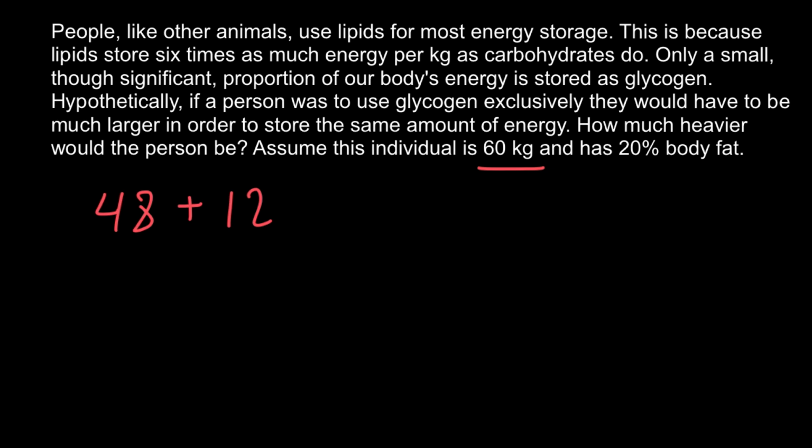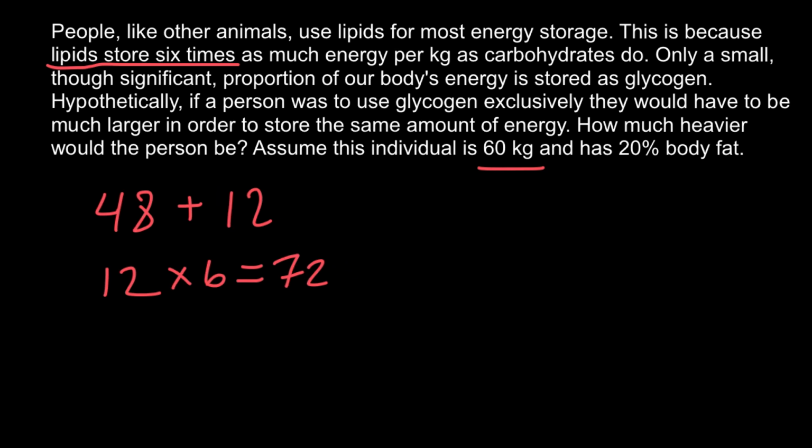We were also told that lipids store 6 times as much energy per kilogram as carbohydrates, so that means we have to multiply 12 by 6, and we are going to get 72 kilograms of glycogen if we substitute fat with glycogen.